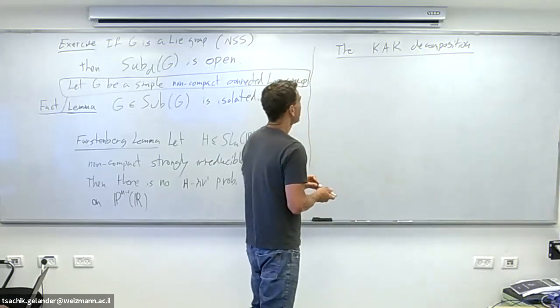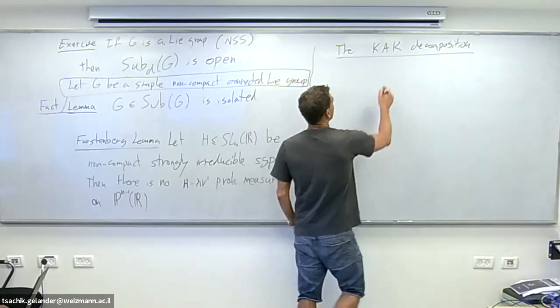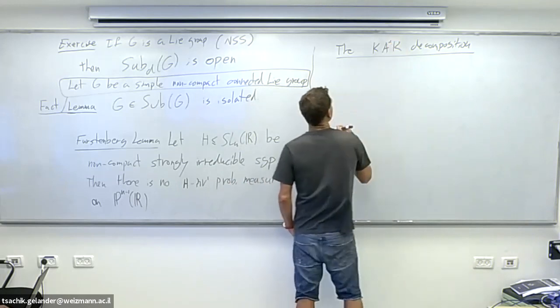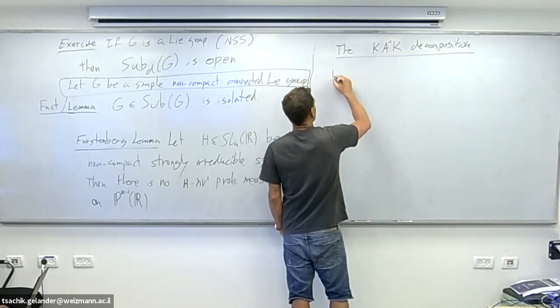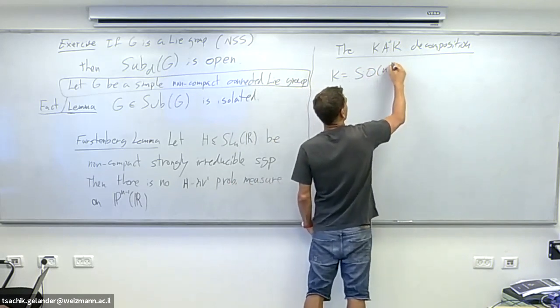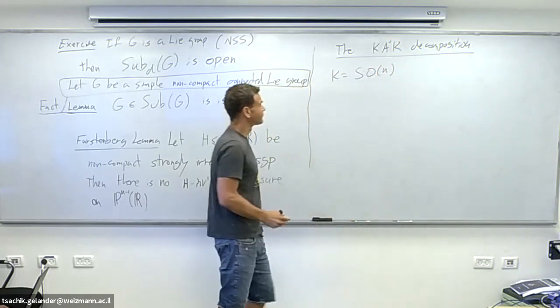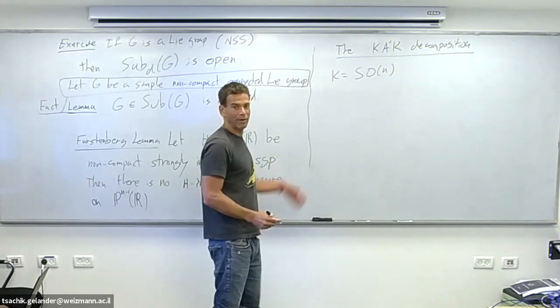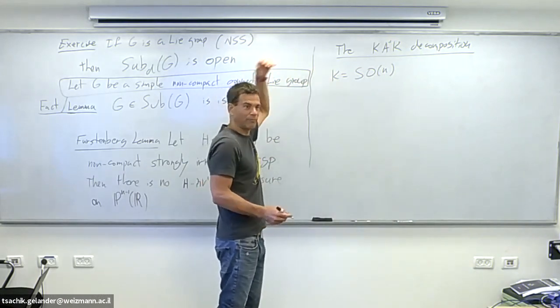Okay, the K decomposition. K in our case is SON. But I write K because you can do it for every semisimple group.